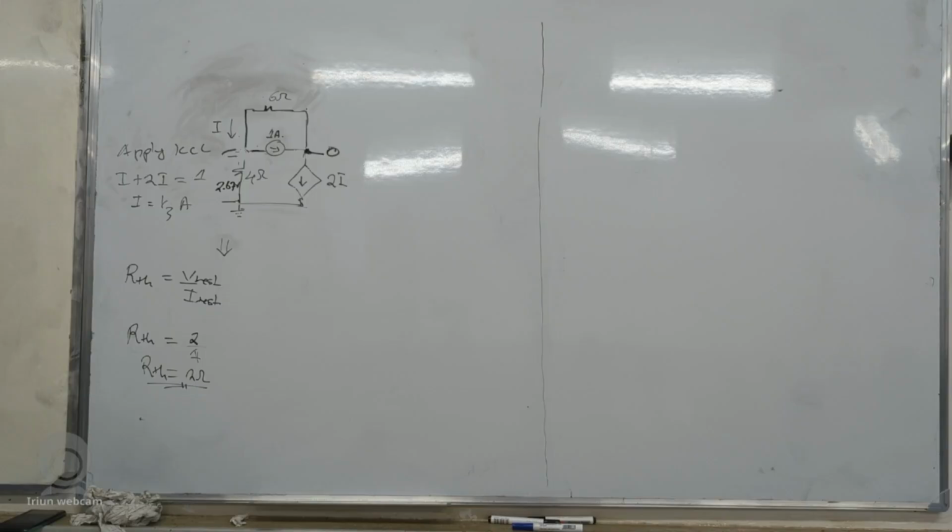That's our RTH. Yeah. So when you have a dependent source, this is the procedure. You have to set, you can set a voltage, you can set a current.